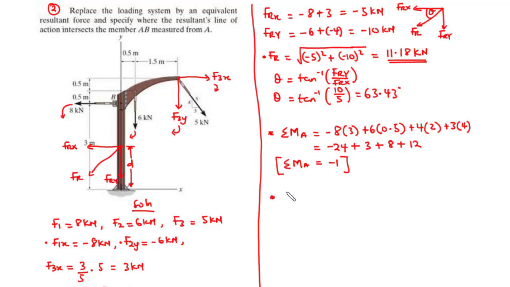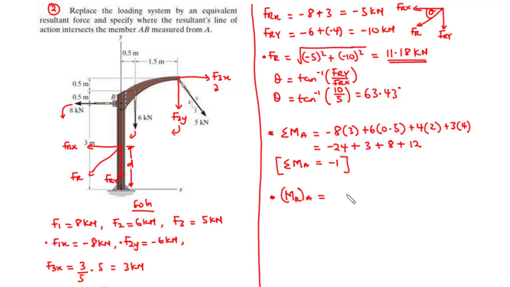So we have the resultant moment about point A to be equal to, now FRy is passing through the line of action of A, so the moment about A is 0. Now let's focus on FRx. Now FRx is equal to negative 5.